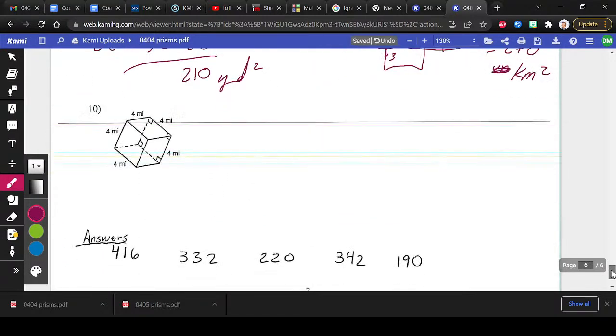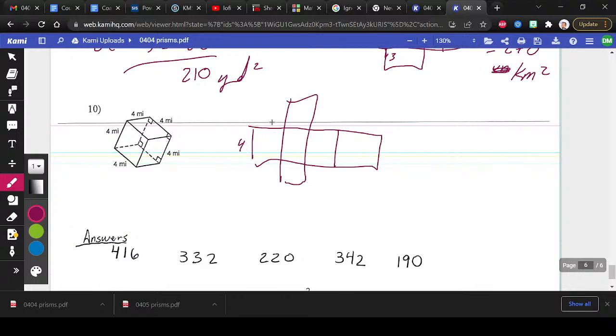And the last problem is a 4 by 4 by 4. So here we go. So we have 4, 4, 4, 4, 4, 4, 4. And so this is going to be 16, 16, 16, 16, 16, and 16.